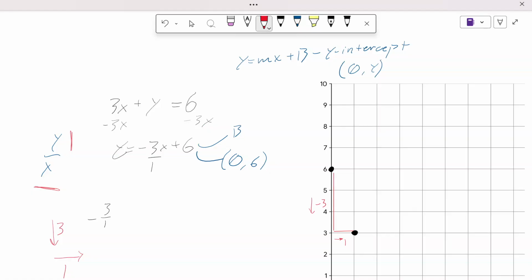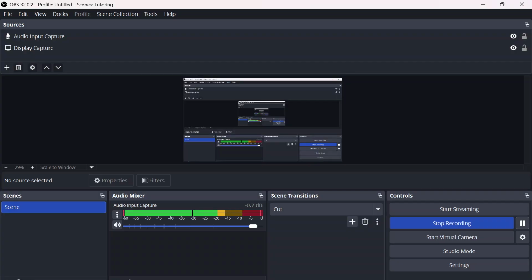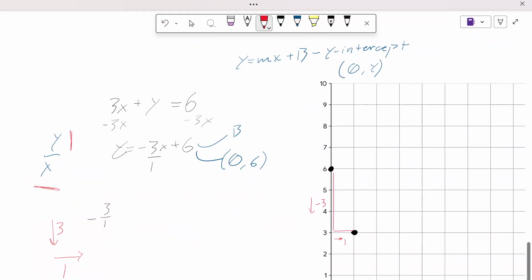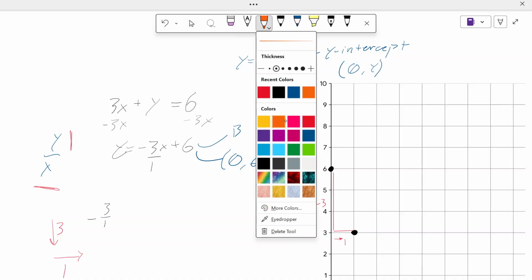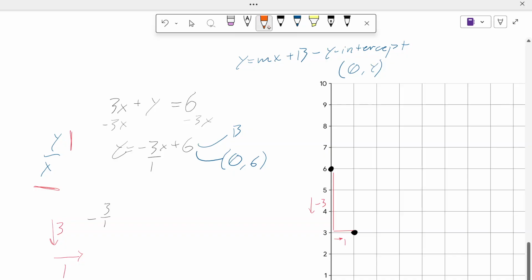Sorry about that. So when we look at this graph, we went down 3 because we have negative 3, and we went over 1. So let's take our orange and draw our line.